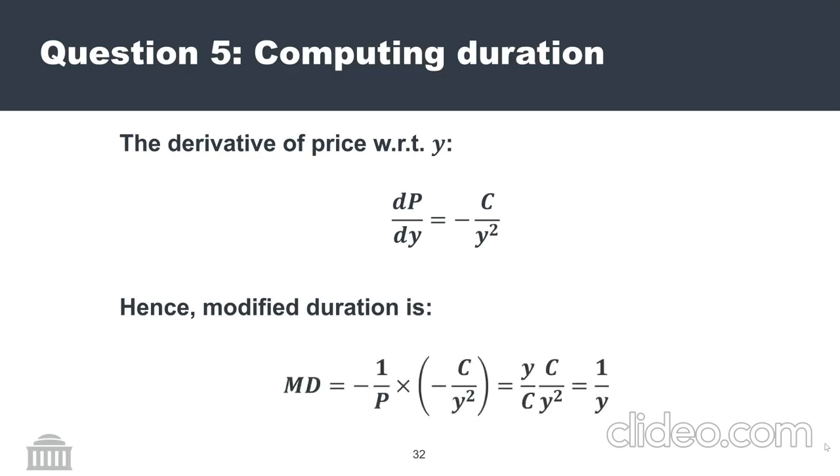This is going to give us minus 1 over P multiplied by minus C divided by y squared. And so you can see that C cancels out, and of the y's in the numerator and denominator, one of them cancels out. And so what is left is just 1 over y. So therefore, the modified duration for a perpetual bond is simply 1 divided by y.